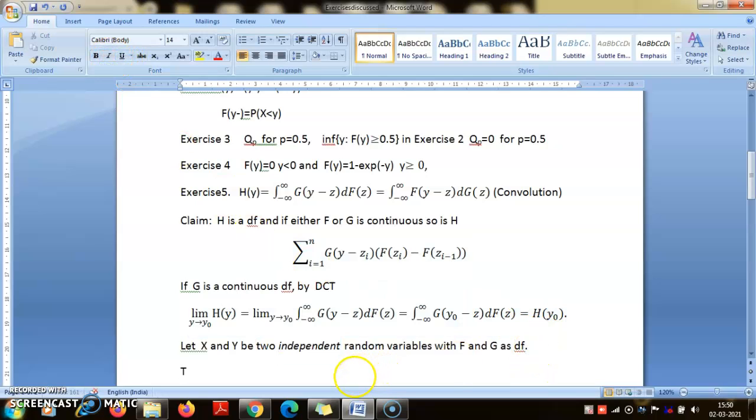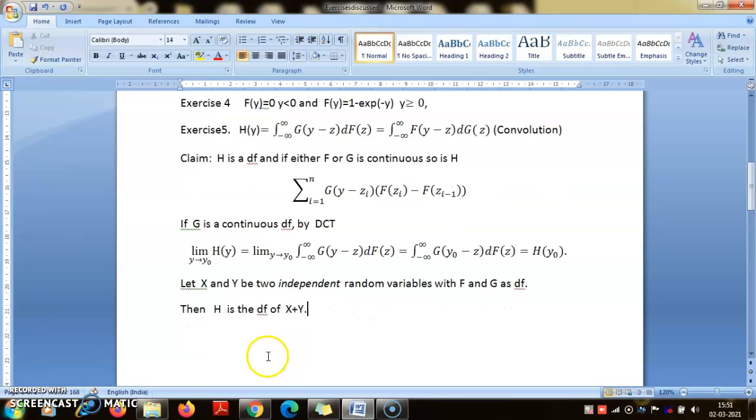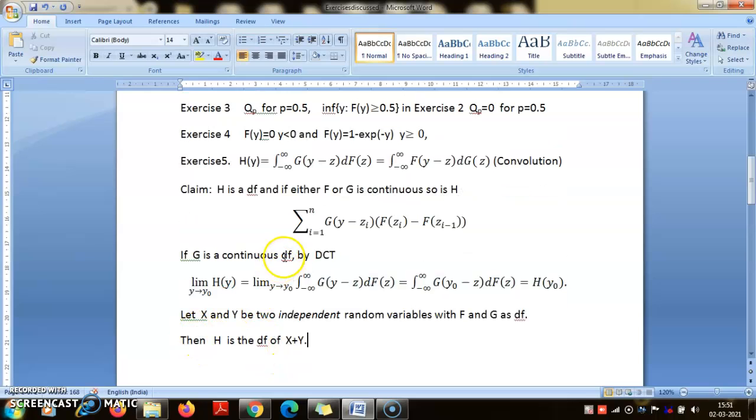Then h, defined as above, is the distribution function of X plus Y. This we will also show. What makes this exercise very important is that h, which you get in this peculiar way, which is called the convolution, is actually the distribution function of the sum of two independent random variables.